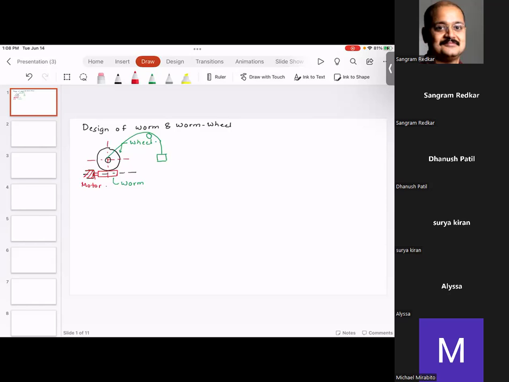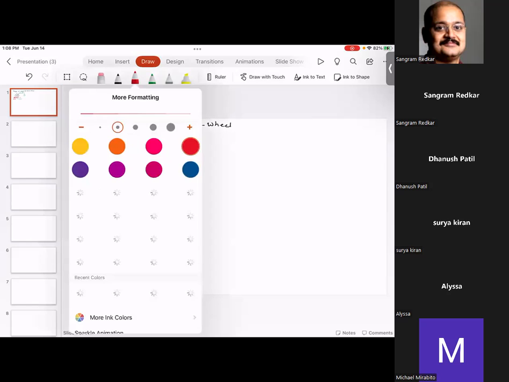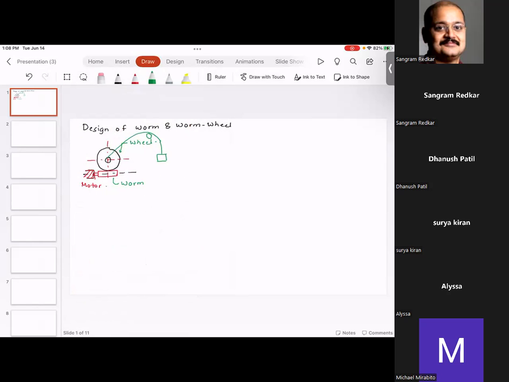But you can't rotate the wheel and expect the worm to rotate. So the power transmission goes only one way, from worm to worm wheel.